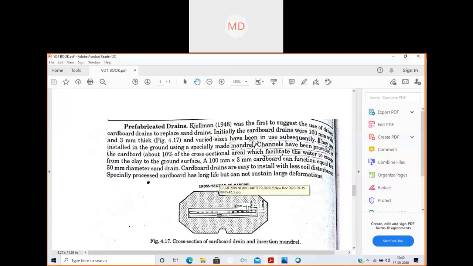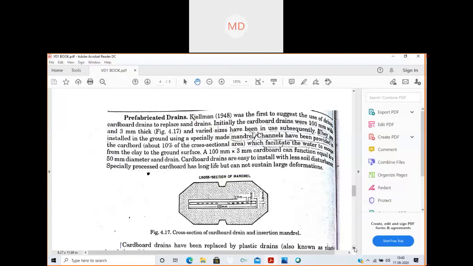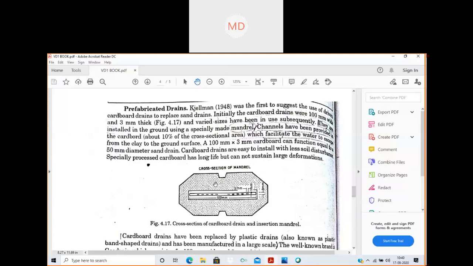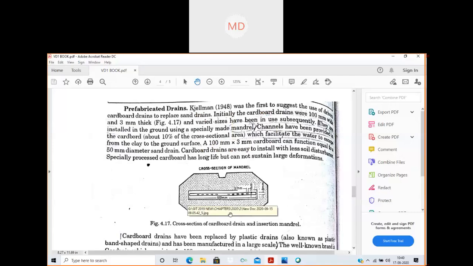In the figure you see the cross section of the mandrel, this dotted portion. This is the mandrel, and inside this mandrel the vertical drain is inserted. This is your vertical drain, and it is made of cardboard. Various pores are made in it so that the water can move through this and be squeezed out. The dimensions are shown.